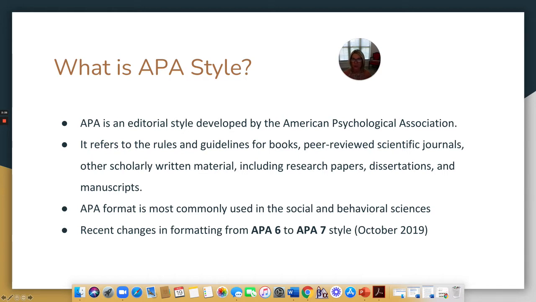APA format is most commonly used in the social and behavioral sciences. There was a recent update from APA 6 to APA 7 that took place in October of 2019.